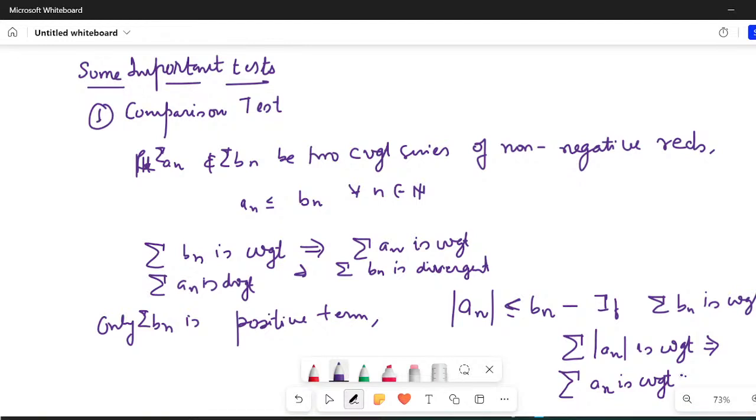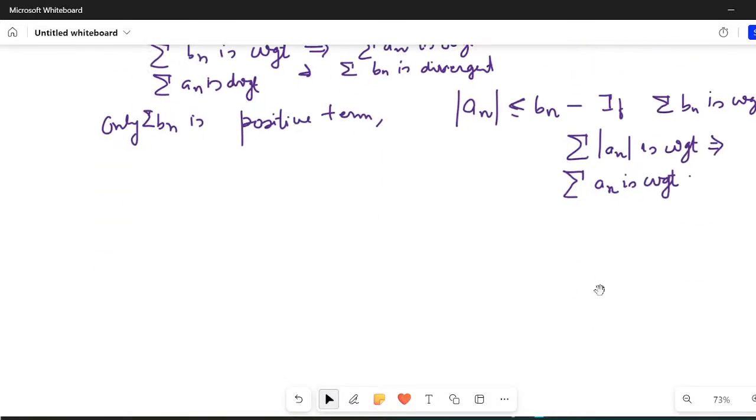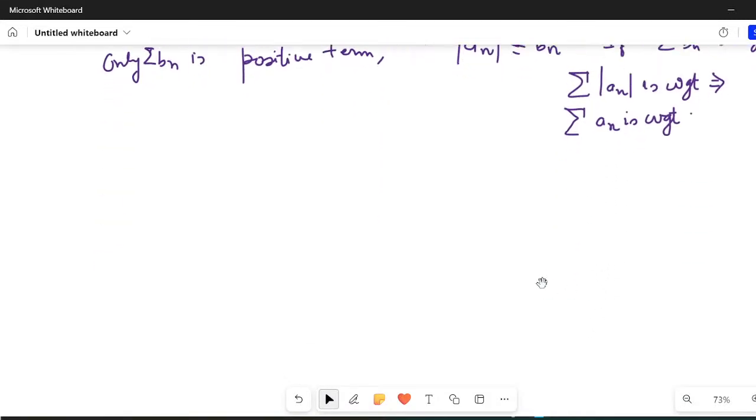Now let us come to one of the series which is called the Riemann zeta function, and I'll give you two treatments to this. So let us first concentrate on the Riemann zeta function.